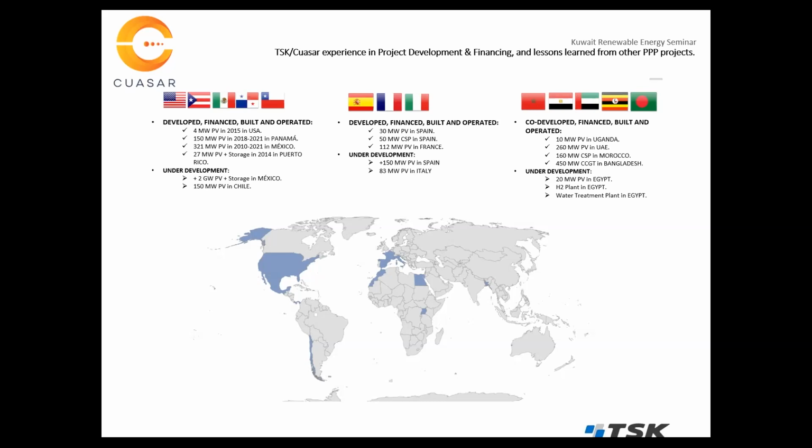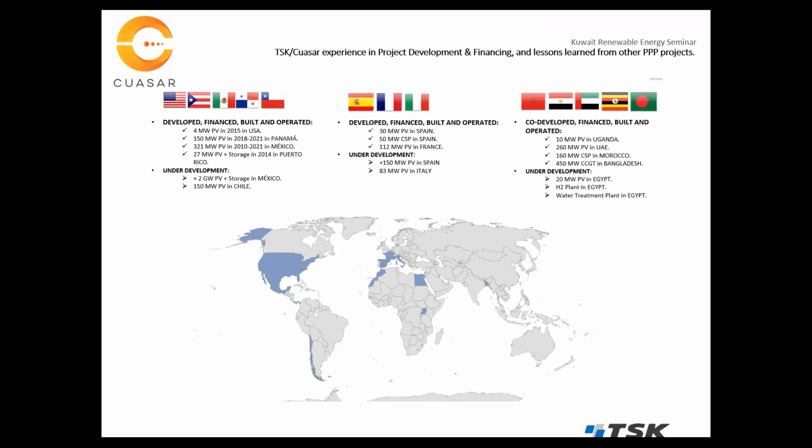Back then, I will go faster. We also developed in France, more than 100 megawatts, and in Mexico, which has been our key market. We have developed there over 320 megawatts, sorry, 20 megawatts. And these days we maintain in property 146 megawatts of PV plants there.